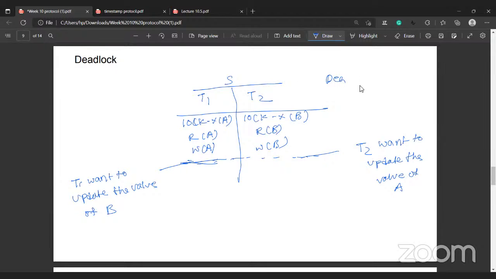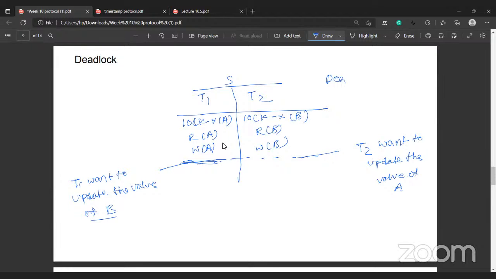So both T1 and T2 will wait, so deadlock will happen. Two-phase locking protocol does not ensure freedom from deadlock. Why does deadlock happen?